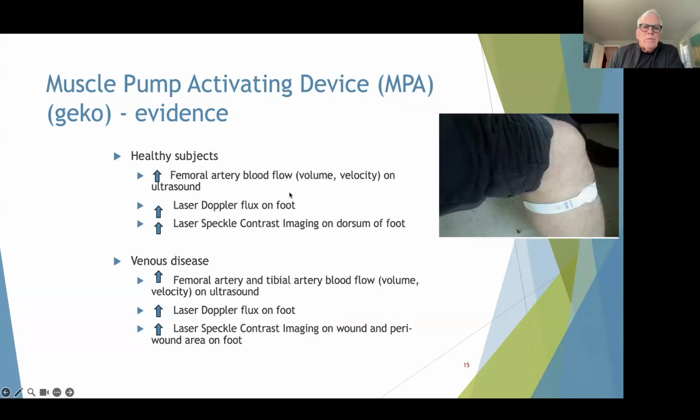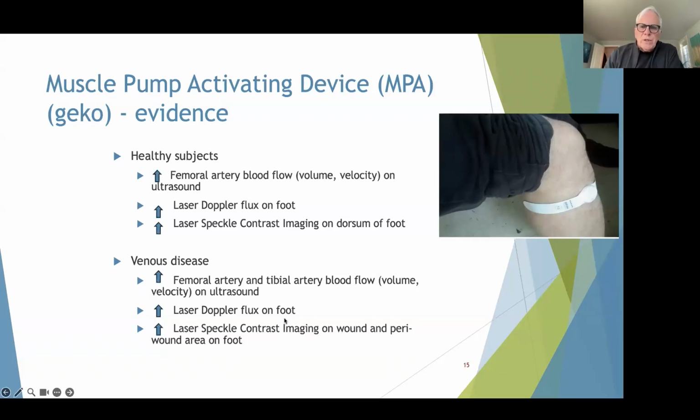But from the point of view of venous flow, it does improve in healthy subjects, but it's now been well shown in patients with venous disease that flow in the arteries and in the veins improves significantly with the use of the gecko, as well as the laser Doppler or flux on the foot, and also using the spectral contrast imaging demonstrates an improvement in the microcirculation.